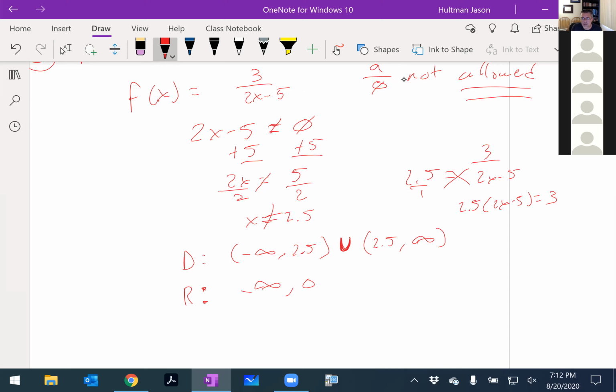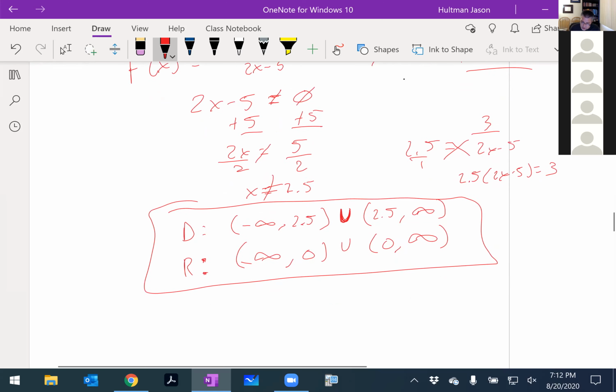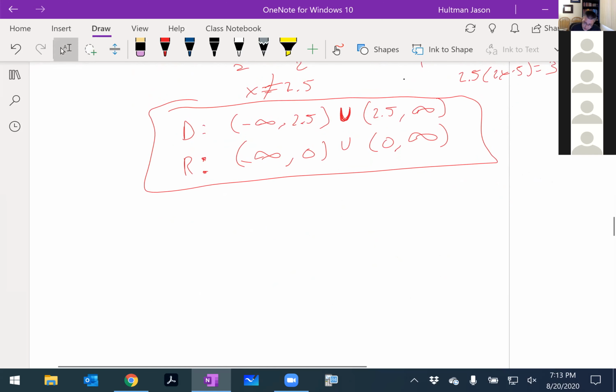Does that make sense? I can get as close to 0 as I want, but I can't ever get there as a result. So this is negative infinity to 0, unioned 0 to infinity. That's my range. If you were to graph this function, it would look like this.